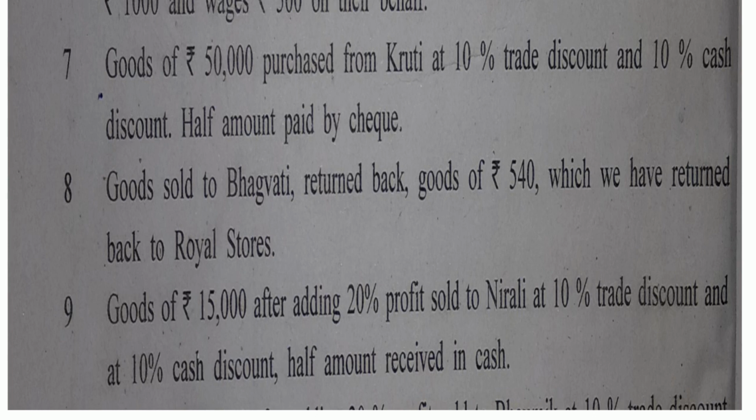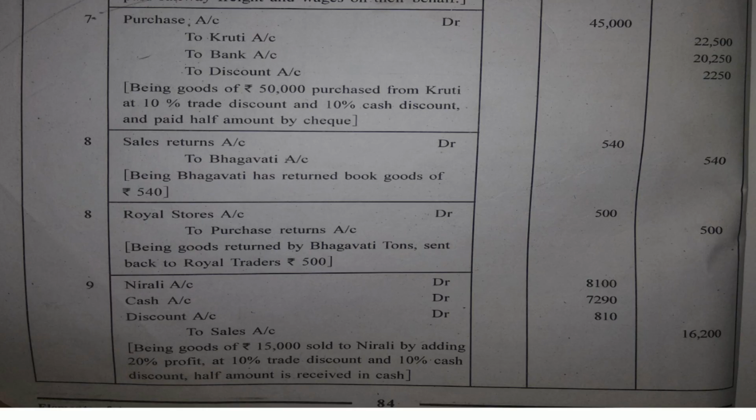Further, cash discount is given on payment. How much payment is made? Only half amount. So discount will be available on the half of this amount. Let us see the journal entry for this. Purchase account debit 45,000 to Kruti account 22,500.